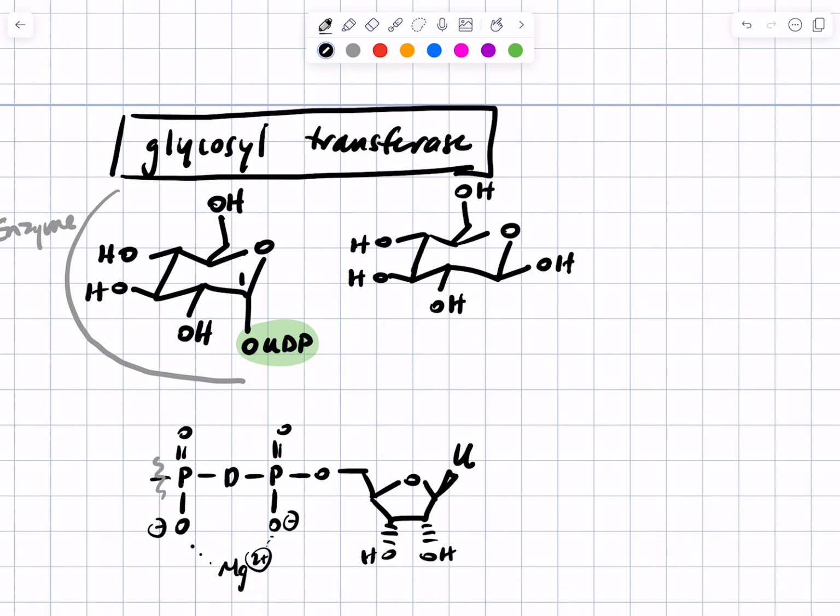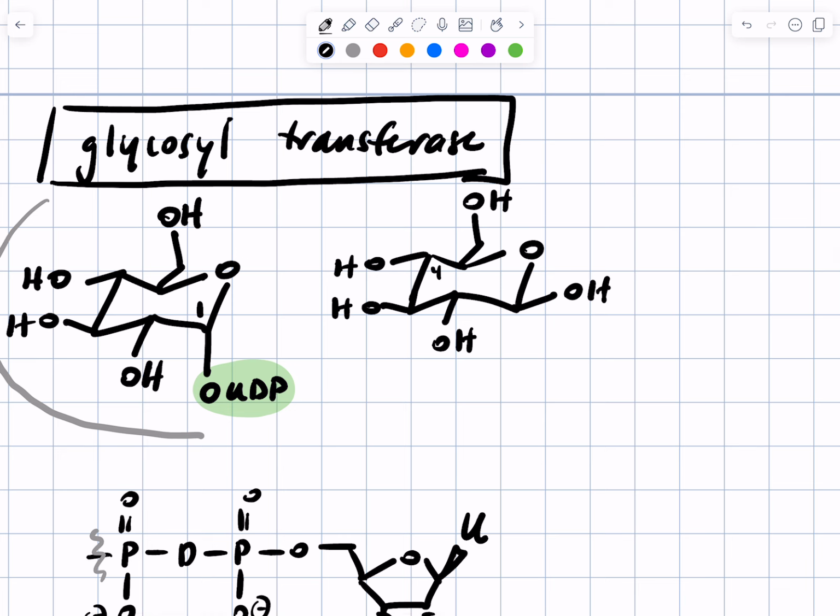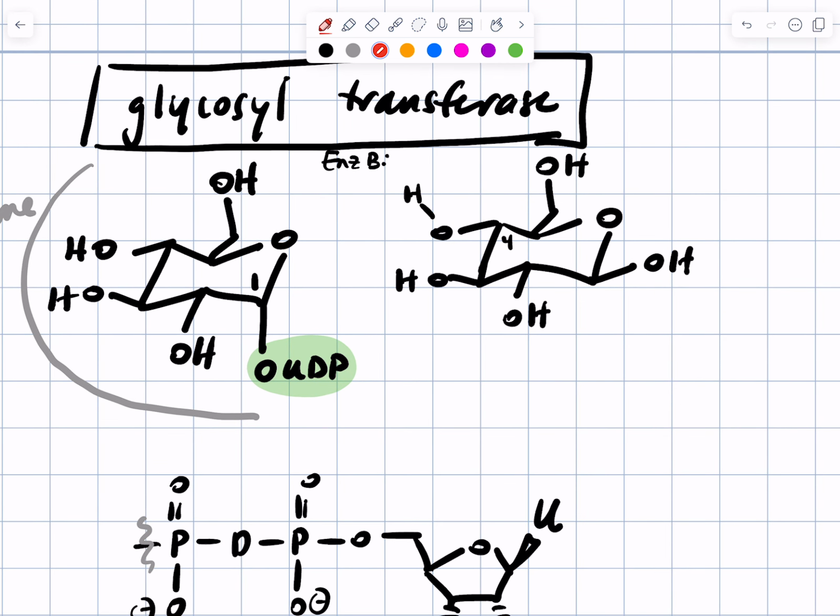And close to the C4 hydroxyl, you have a group that can act as a base to remove that proton. And this is a group attached to the enzyme, likely some amino acid. It will deprotonate the C4 hydroxyl. Again, how does it deprotonate only the C4 hydroxyl and none of the other hydroxyls? Well, it binds the molecule in such an orientation that it's only the C4 hydroxyl that's close to the base.